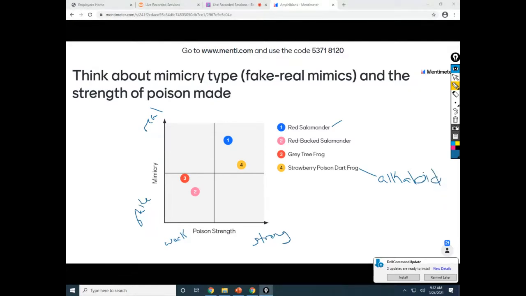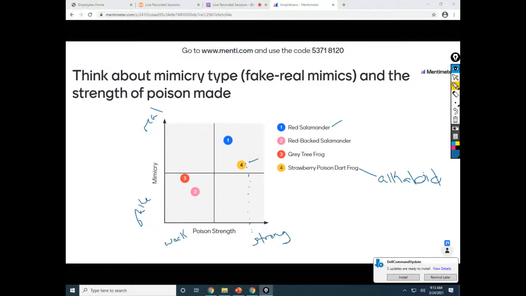Please forgive any horrific spelling since I'm winging this as we go. Which was the alkaloid version. So basically upcycling, which we said was the more potent kind. So we did a really great job pointing out that this was stronger. Okay, so we should see that higher up on the poison side.